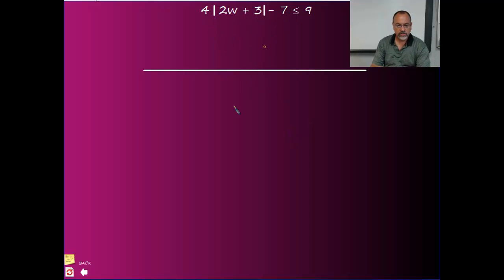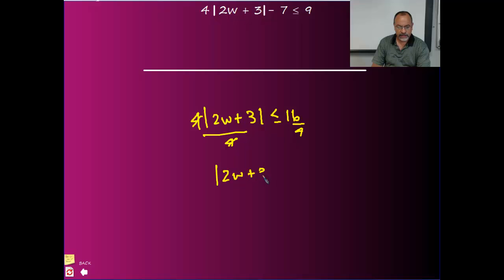So we'll go ahead and solve this exactly like we would an equation. We have to get the absolute value symbol by itself, so I'm going to add 7 to both sides. It's going to give me 16. I'm going to need to divide by 4. Again, I'm trying to get this absolute value by itself, less than 4.